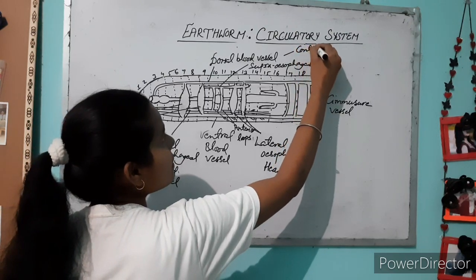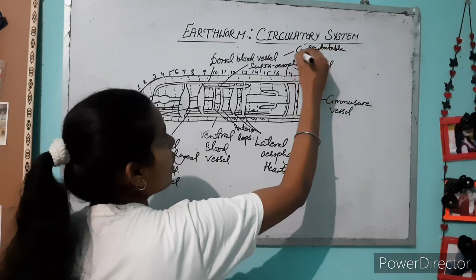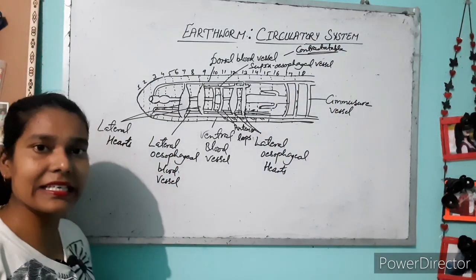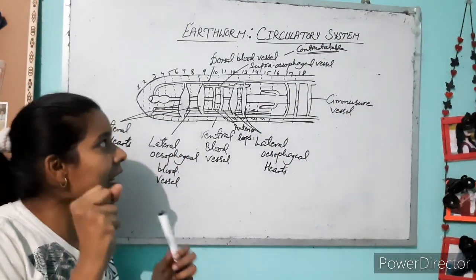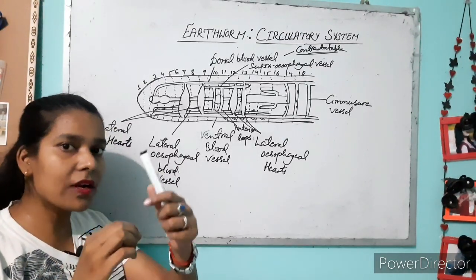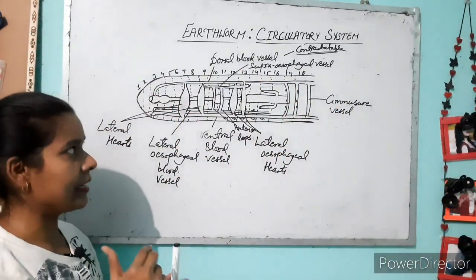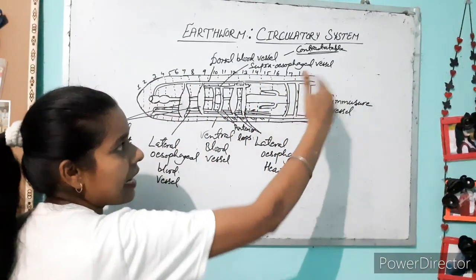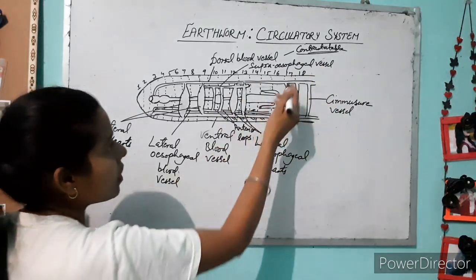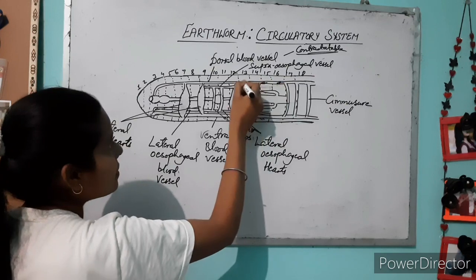This dorsal blood vessel is contractable, means it contracts and the blood will flow. Blood flows from posterior to anterior, means in this direction.